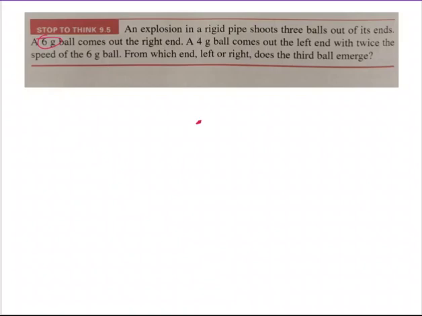Because of conservation of momentum, we have 6 grams, and let's say it comes out with velocity 1v, so its momentum is 6v. Now the 4-gram ball comes out of the left end with twice the speed, so 2v. Its momentum is actually 8v.